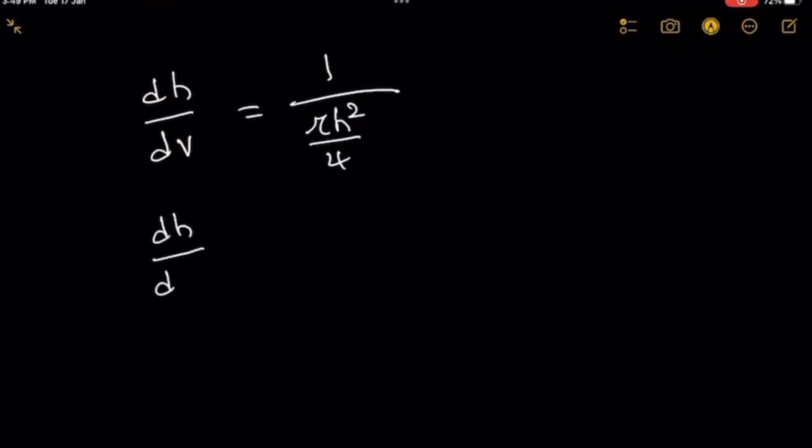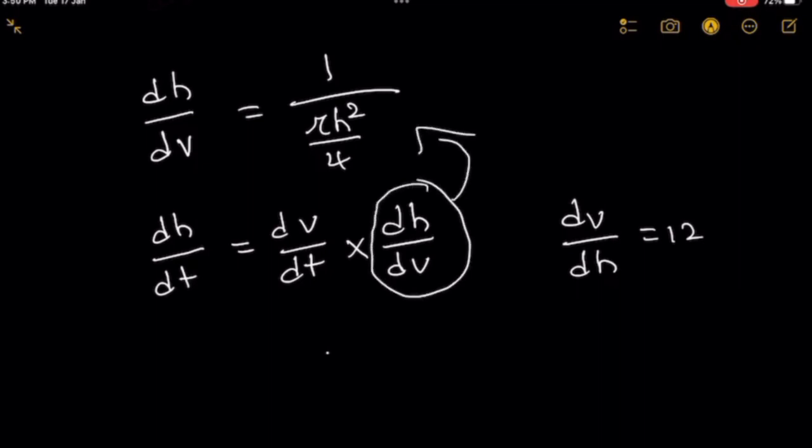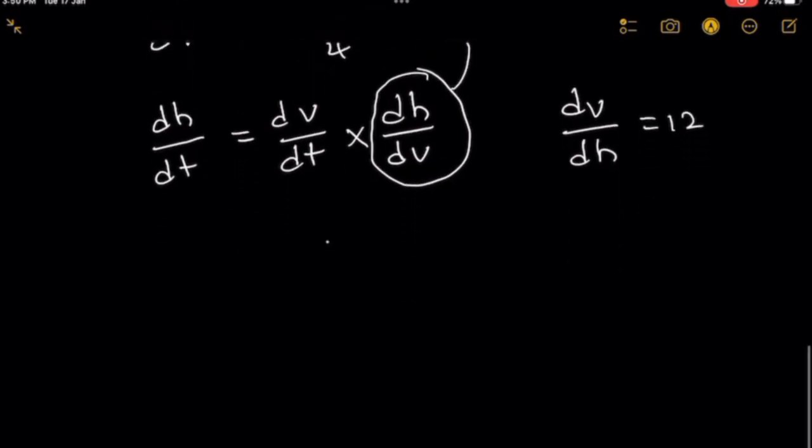Based on the early formula that I taught, dh/dt is equal to dV/dt times dh/dV. We know dV/dt is equal to 12 and dh/dV is 1 over pi h squared over 4.